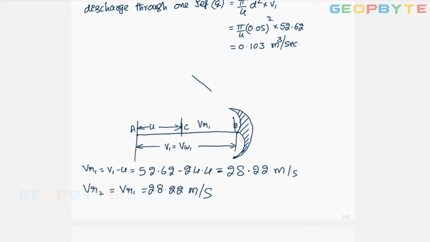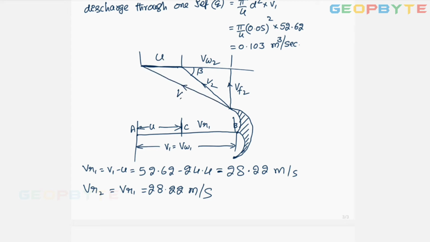The jet is leaving from the blade with a velocity V2 at an angle beta, developing two components of velocity, the vertical component and the horizontal component. This is the blade speed at outlet U. This is the relative velocity at outlet VR2 and this is the phi.